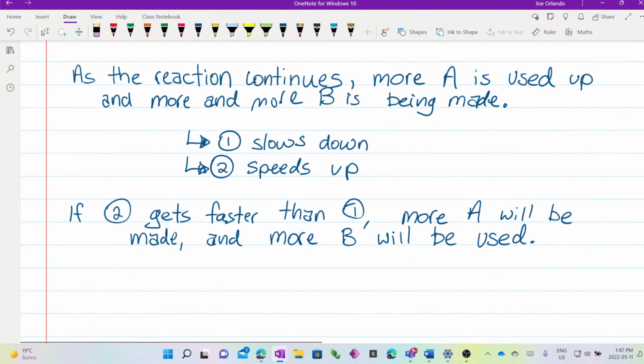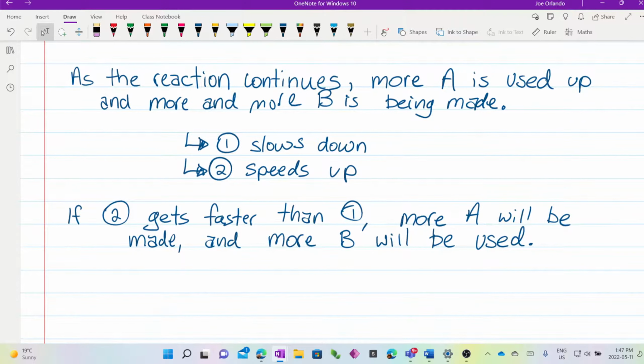All right, so look here. If eventually we get to the point where 2 speeds up so much that 2 is now faster than 1, well, if that's true, then A is actually going to be getting made faster than it's used, and B will be getting used faster than it's made.